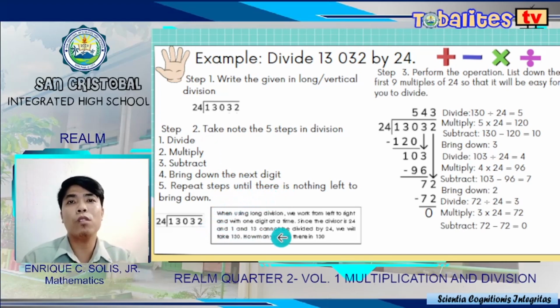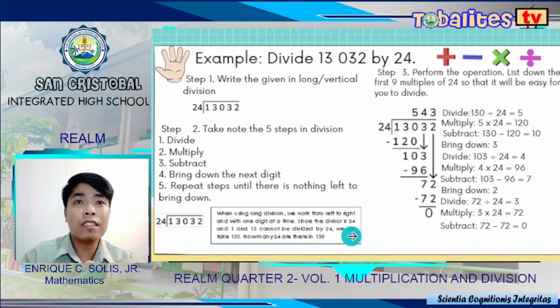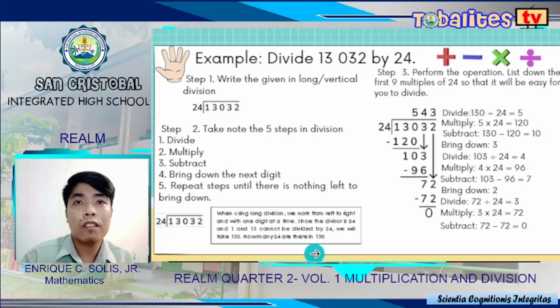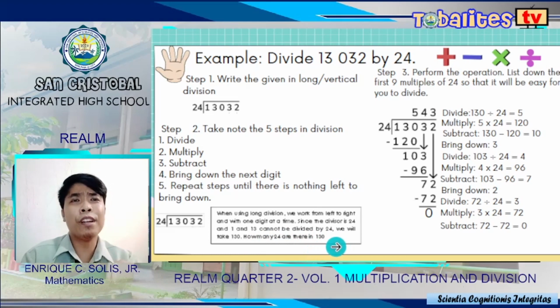So take note, when using long division, we work from left to right and with one digit at a time. Since 1 and 13 cannot be divided by the divisor 24, we will take 130. So, to further understand, let us look at step 3. Perform the operation.